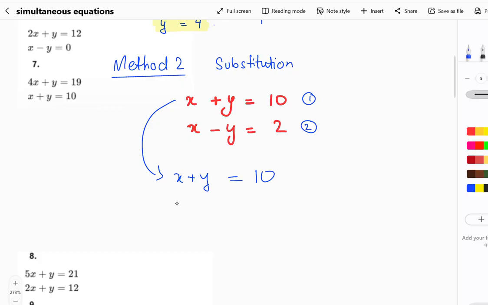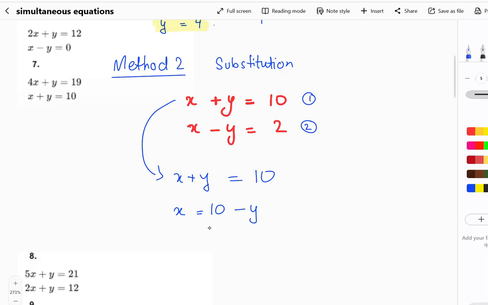I'm going to choose x. You make one variable the subject. What does it mean? It means that you make the variable alone on one side and you put everything else on the other side of the equal sign. So I'm writing this x on this side and I'm moving this y to the other side. So we're moving y around. It was adding. Now you just need to take it away. Did you get that?